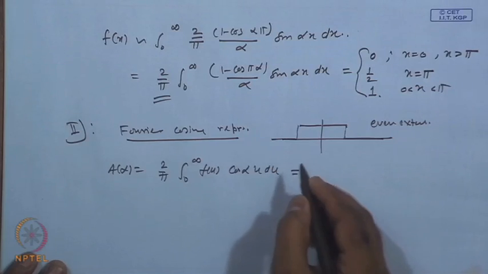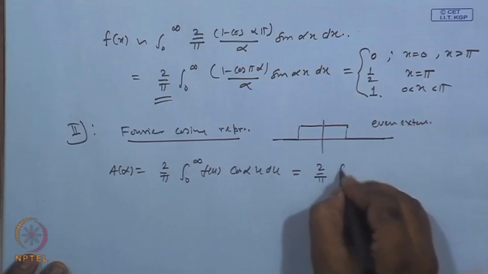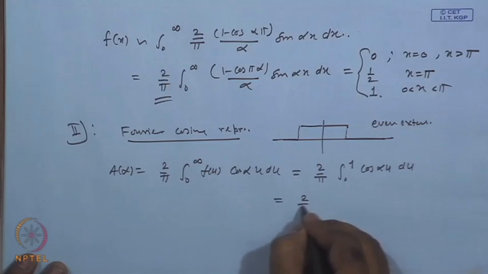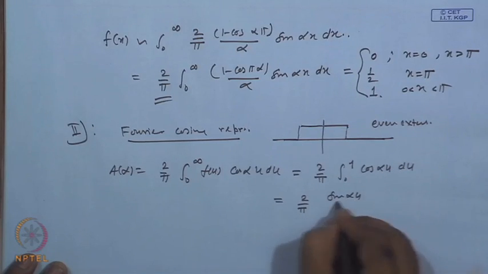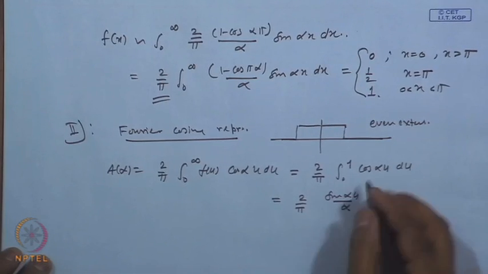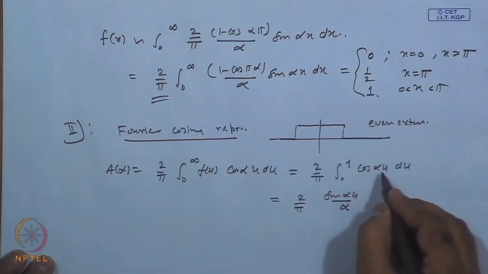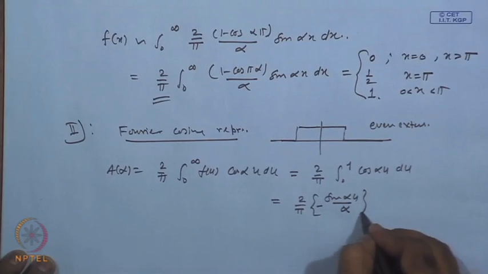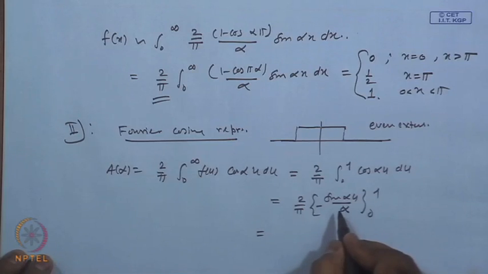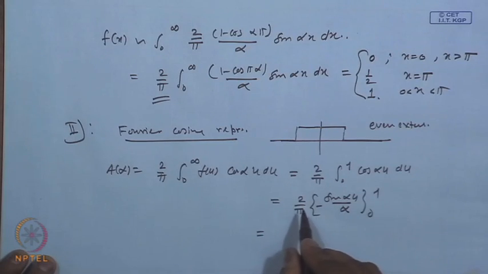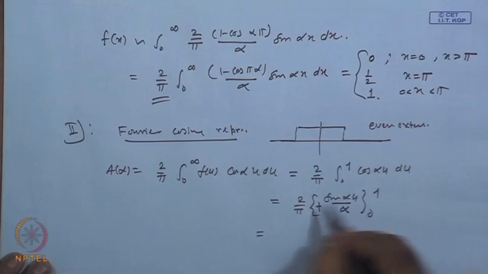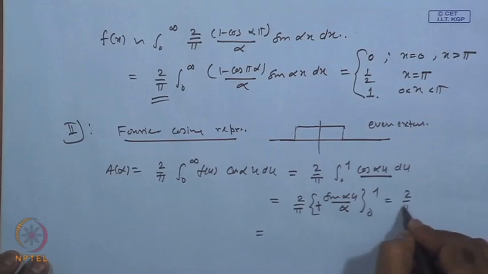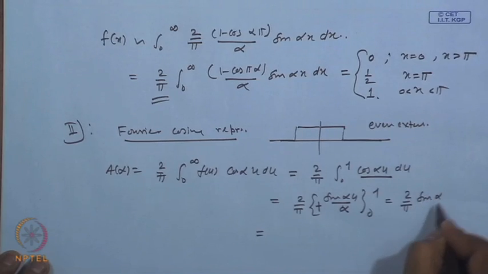So, we have 2 over pi and 0 to 1 cos alpha u du, or 2 over pi we have sine alpha u over alpha, 0 to 1. So, we have 2 over pi with plus only, because the integral of this cos will be sine alpha u over alpha. So, we have 2 over pi and we have sine alpha over alpha.